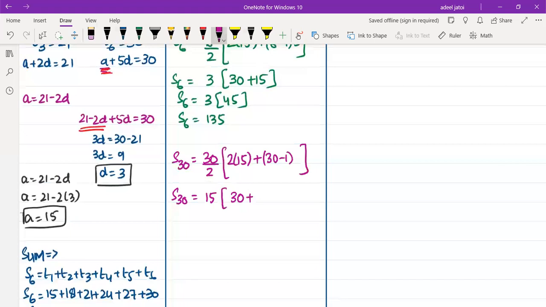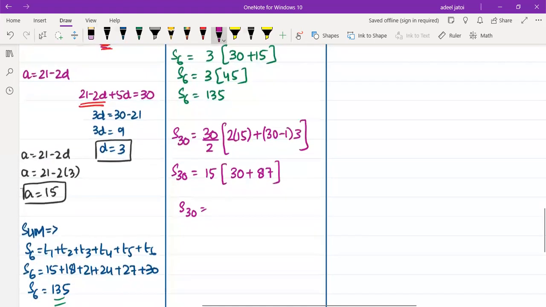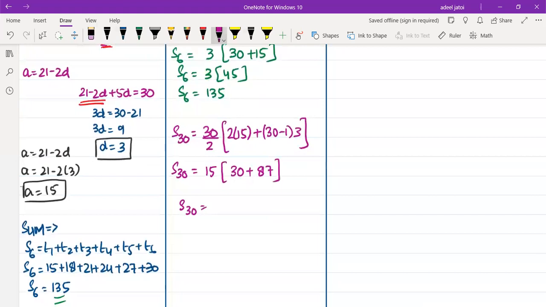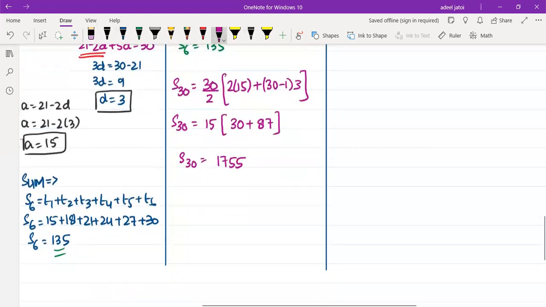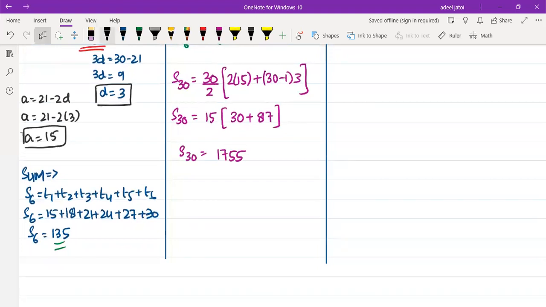So this should be 87. So can we say 87 plus 30 multiplied by 15? We can directly do this. This is 1755.